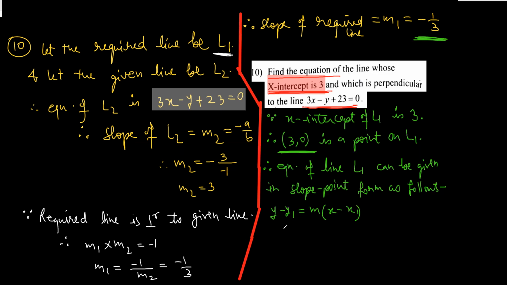So you have y minus 0 equals m, and m is minus 1 by 3, into x minus 3. Multiply by 3: y minus 0 is y, so you get 3y equals minus x plus 3. The minus 1 is multiplied inside the bracket. Shifting everything to one side, you get x plus 3y minus 3 equals 0.